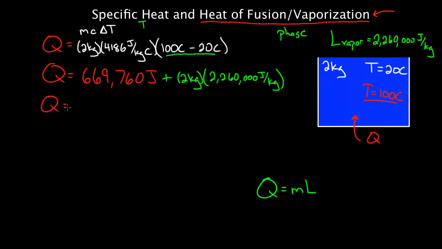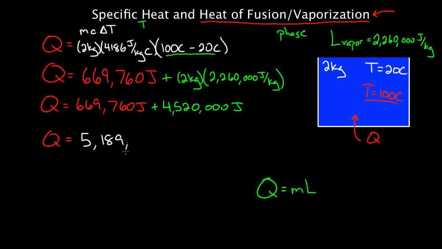So I get that it will take 669,760 joules to get the water up to the boiling point, and it will take another 4,520,000 joules to turn that water into vapor, which in total gives 5,189,760 joules in order to get this from 20 all the way up to 2 kilograms of vapor.